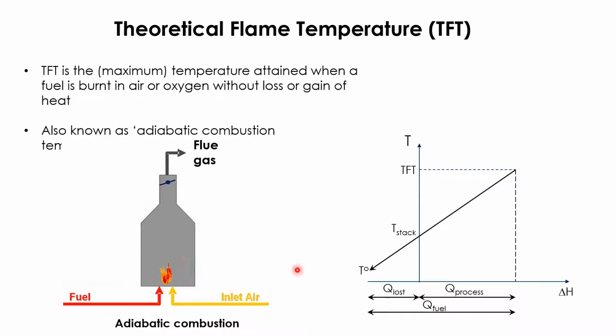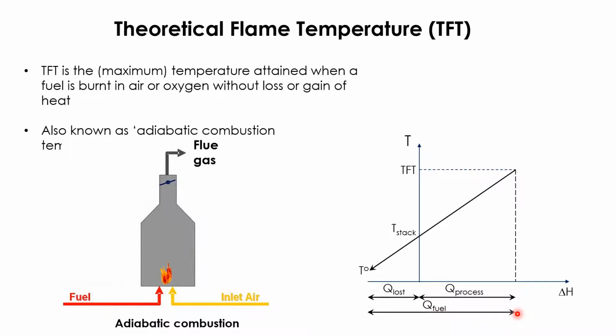As you can see here, this curve shows a graphical description of what happens in the combustion. The heat from the fuel is provided from this point to this point.